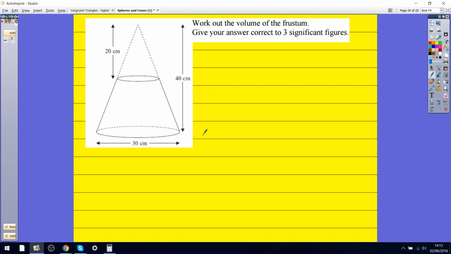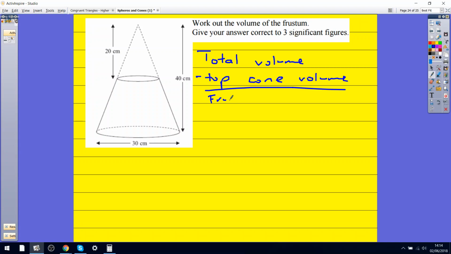The way you can do it is you can find the total volume, and then you can find the small cone volume, and then you can subtract them. 15 squared times 40.